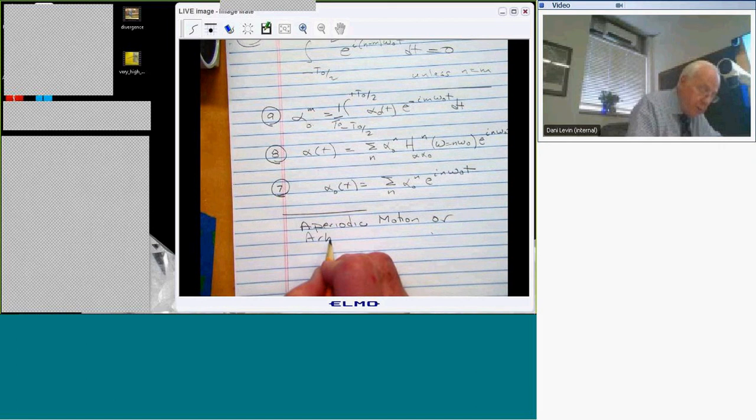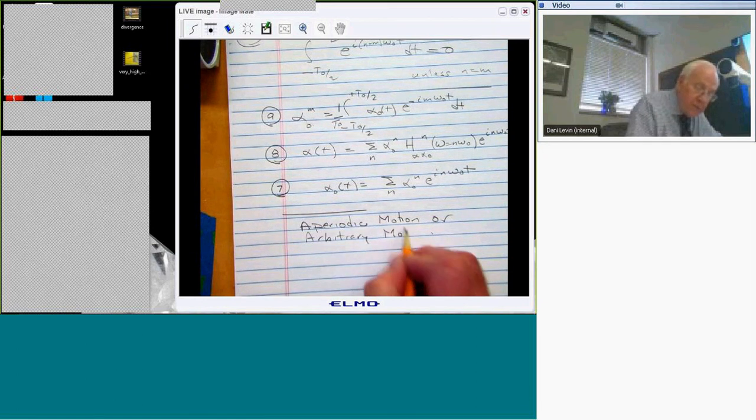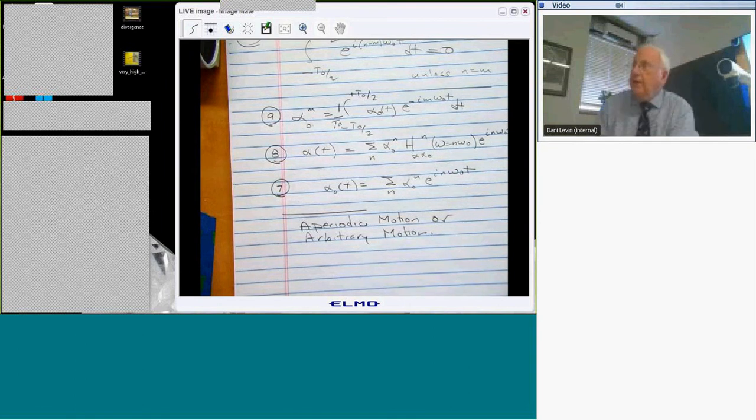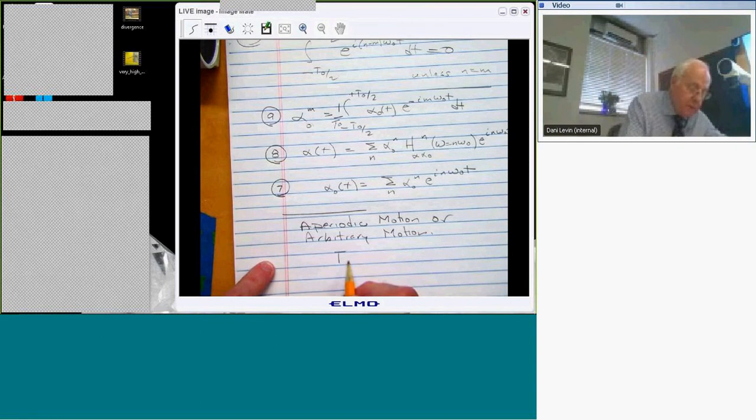That is motion that does not repeat itself, right? Well, that's easy, he said. All we need to do is take the limit as the period is pretty large, like infinite.